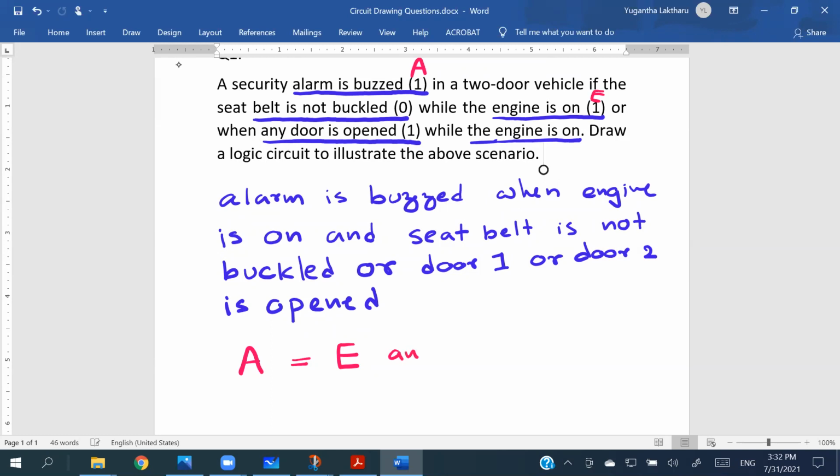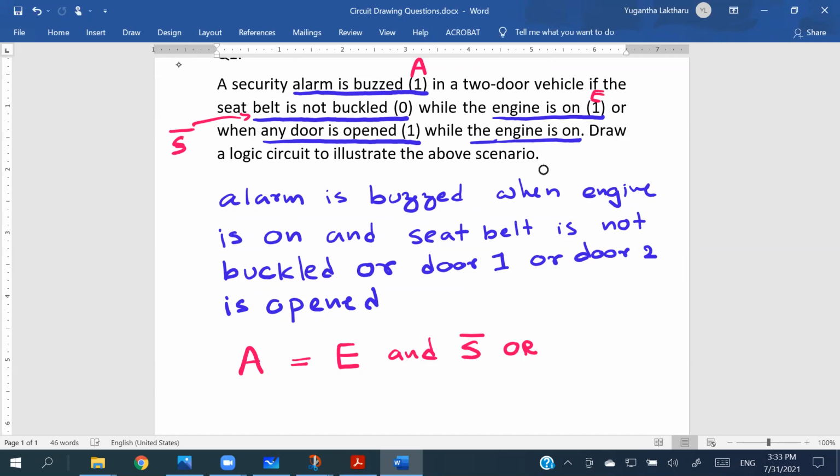And seat belt is not buckled, so I can say S bar. Why do I say S bar? Because not buckled is indicated by a 0. So seat belt is S, and 0 is going to be S bar. Or any door is open.